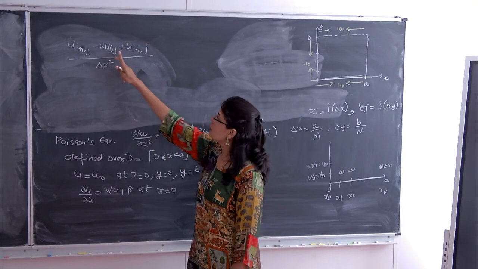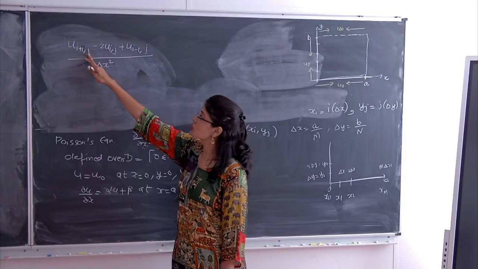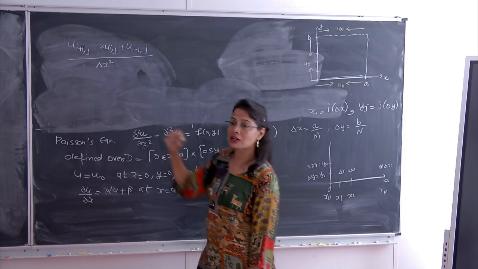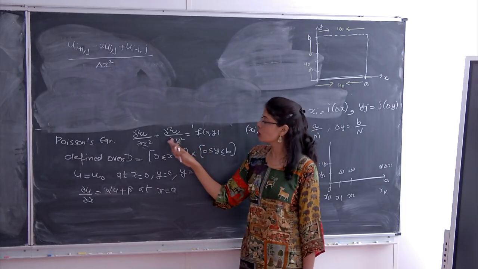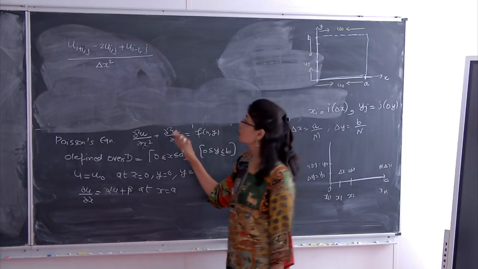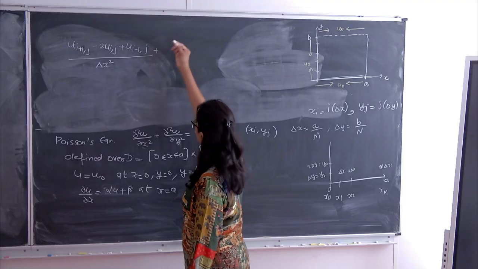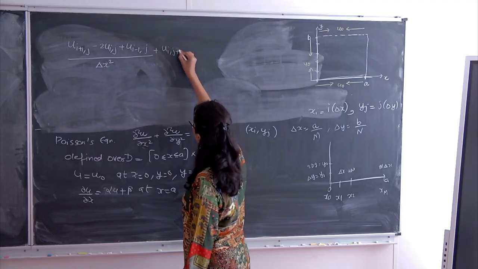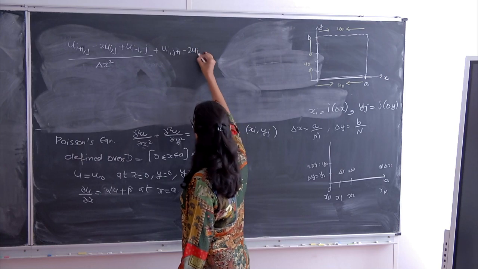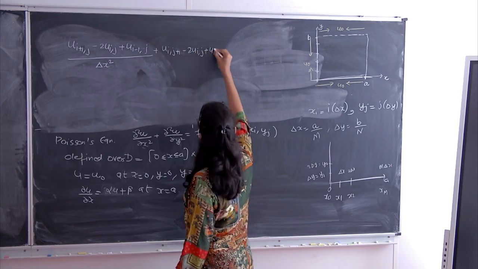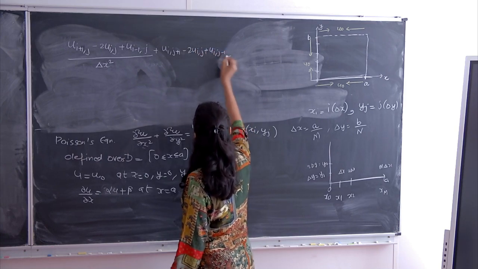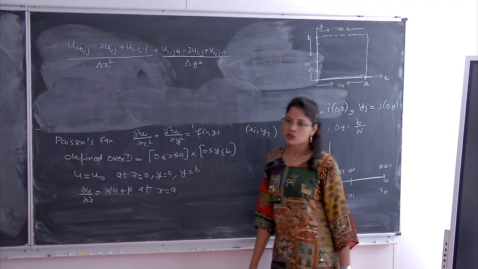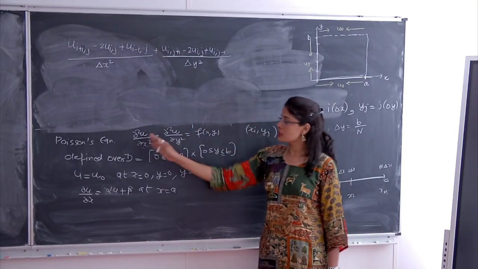That is why y is represented by j, and I am using the central formula in the x variable. Similarly, I write the same thing for the second order derivative in y: u_{i,j+1} minus 2u_{i,j} plus u_{i,j-1}, divided by delta y square.